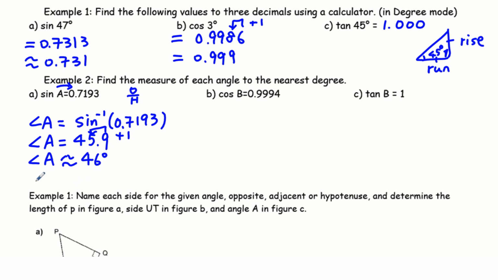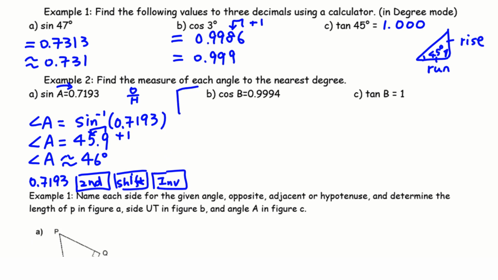So for a backward calculator, it is 0.7193. Then it is second, or on your calculator you may have shift or inverse. Normally it should be on the top left of your calculator.